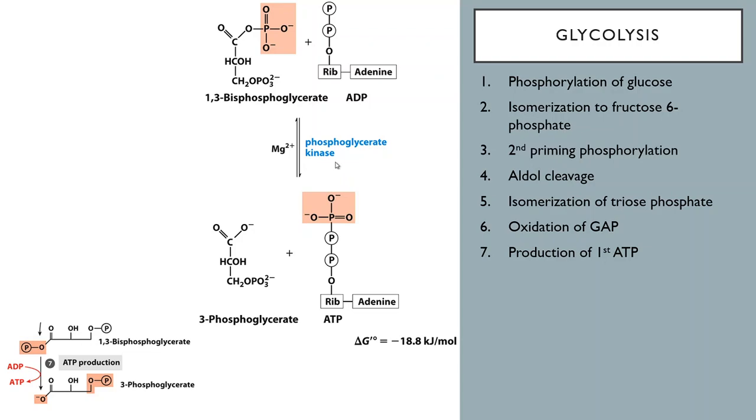Now you may wonder, this enzyme is carried out by a kinase, but in this case the enzyme is actually removing a phosphate from something, whereas kinases we normally think of as enzymes that add phosphates. This enzyme does add phosphates to phosphoglycerate in the reverse reaction.